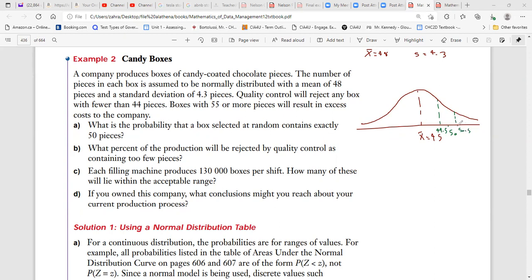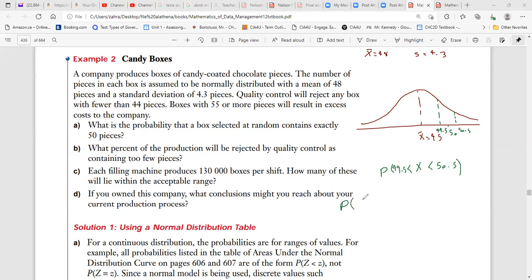So I put a half above and below. I want to find the probability when x is between 49.5 and 50.5. So you convert each of these numbers to a z-score.